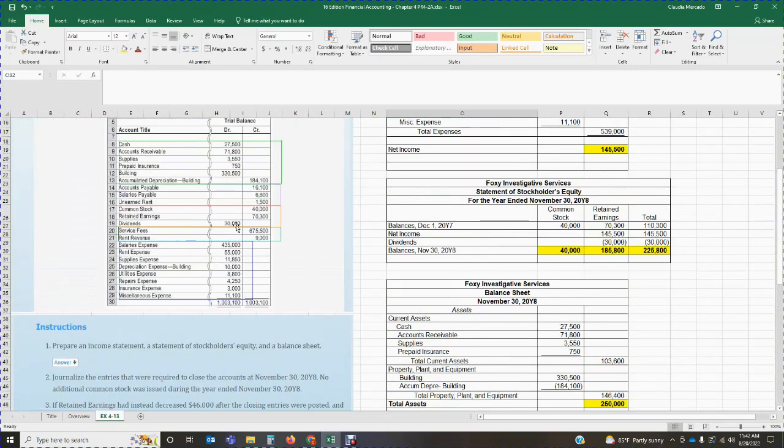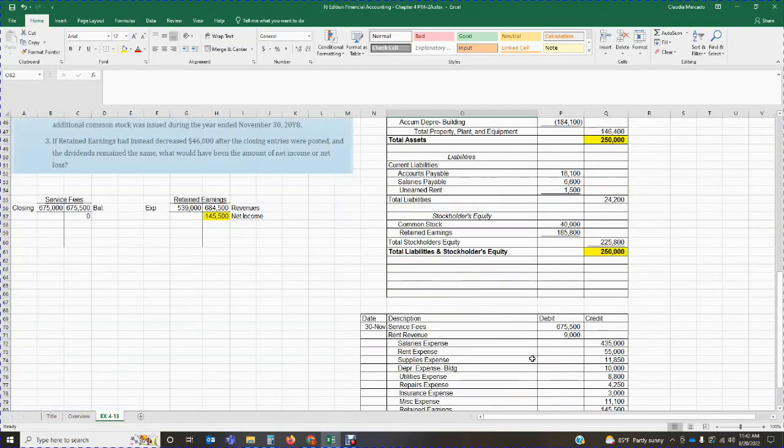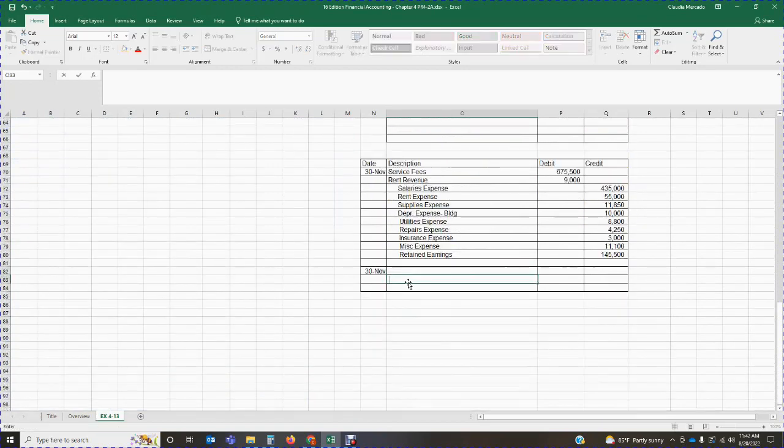Dividends have a normal balance of a debit. If I want to close my dividends, then that means I need to credit my dividends. So dividends need to be credited by $30,000, and we are closing.